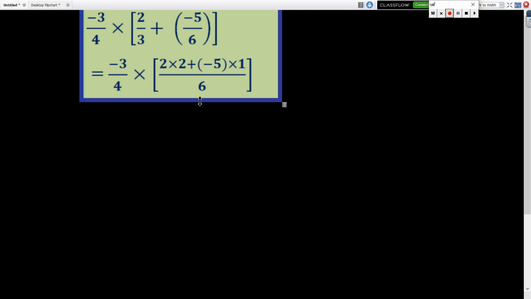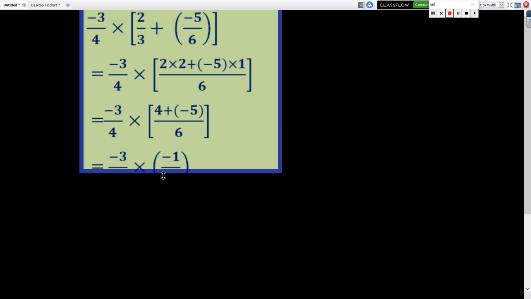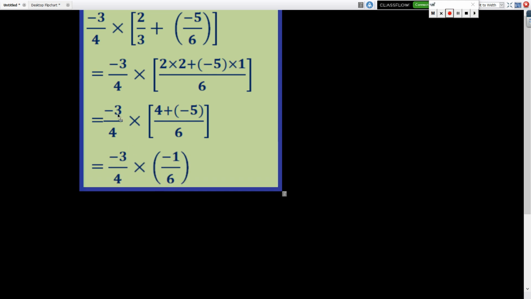Here you can write negative 3 by 4 into 2 by 3 plus negative 5 by 6, taking the LCM 6. 3 2 times, so 2 into 2, plus 6 1 time, negative 5 into 1. That you will get as negative 3 by 4 into 2 into 2 plus negative 5 by 6, which you can write as negative 3 by 4 into 4 plus negative 5 by 6, that is negative 1 by 6.